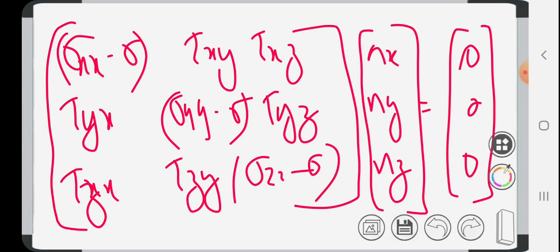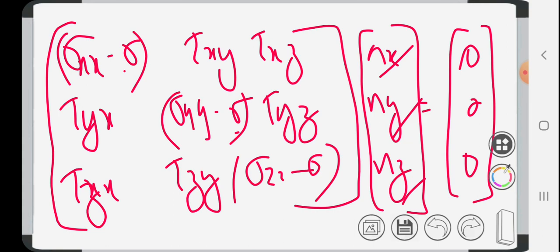So (sigma xx minus sigma) into nx plus tau xy into ny plus tau xz into nz equal to 0. So you have three equations, and the unknowns are nx, ny, nz. Sigma is also unknown. Don't worry, just keep it like that.